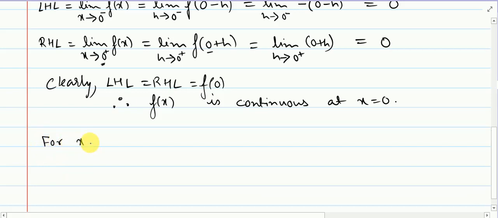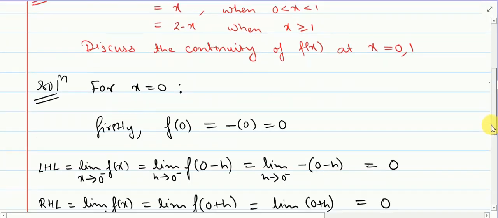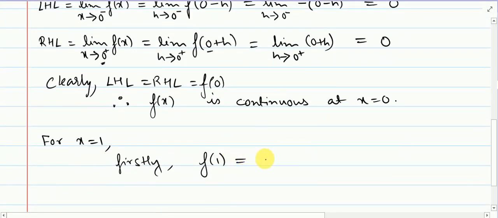For x equal to 1, firstly we will find the functional value. So f of 1 will be, check the function criteria. If you have x greater than or equal to 1, then it will be 2 minus x. So here this will come 2 minus 1, that is 1.